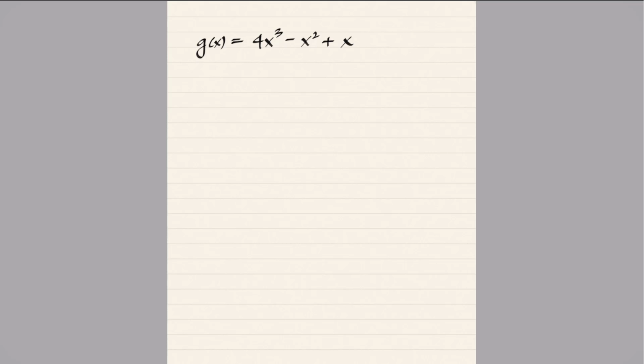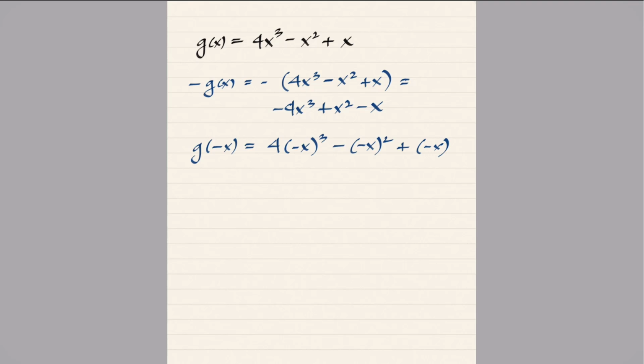And so again, it might be helpful to write down what the opposite of g of x looks like, because that is certainly a possibility here. And so just in case we get that result, there's the opposite of g of x. So let's test this particular function here for symmetry. So I plug in minus x for x, and now I need to simplify.